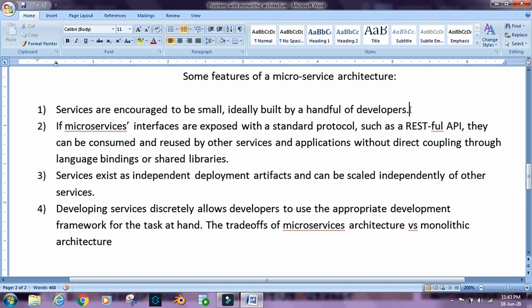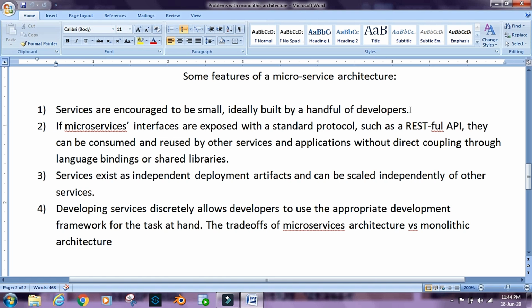And we might have another component that joins these two components and makes the whole application, right? So we generally have our services exposed as RESTful APIs that can be consumed by other clients and that can be used by other services and applications without direct coupling through language bindings or shared libraries, right?